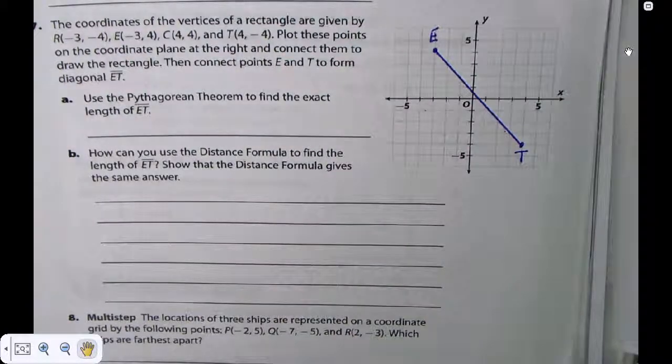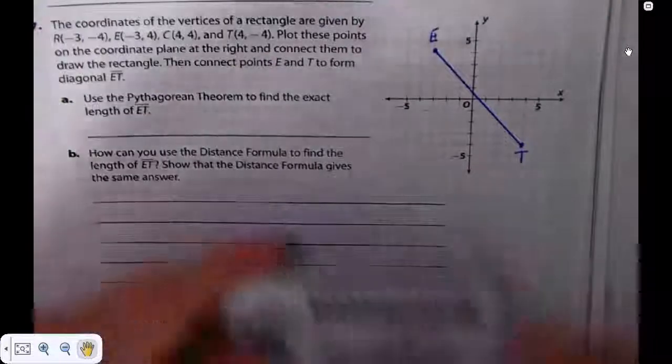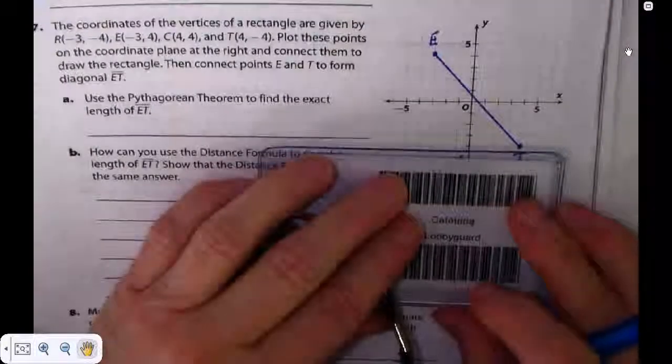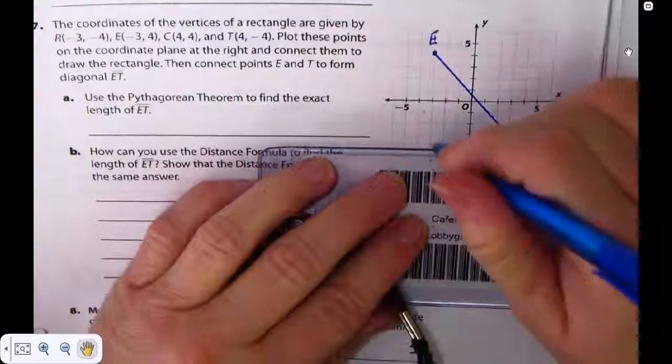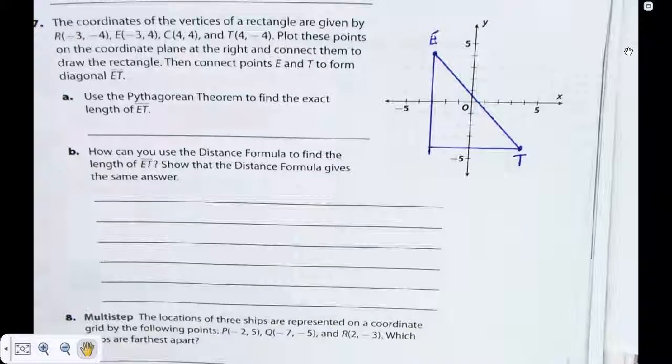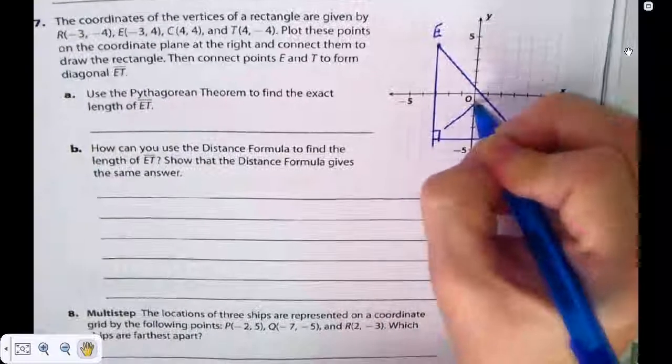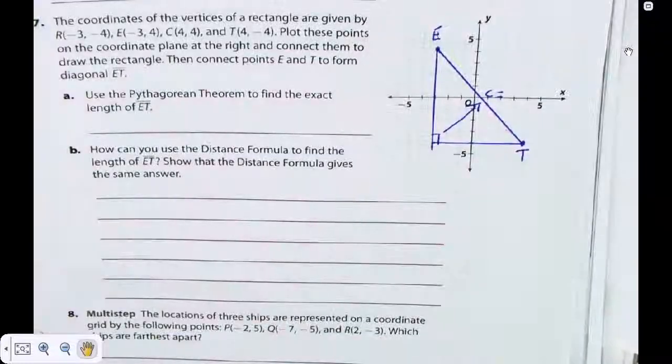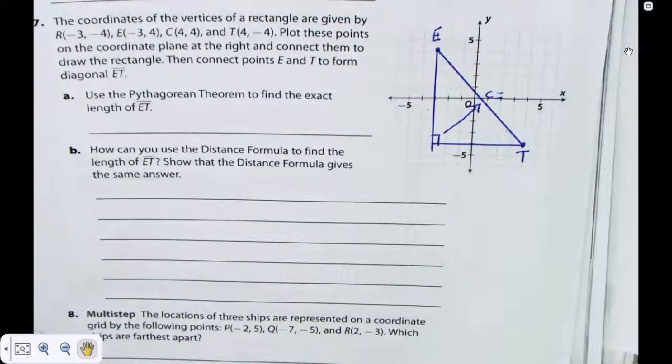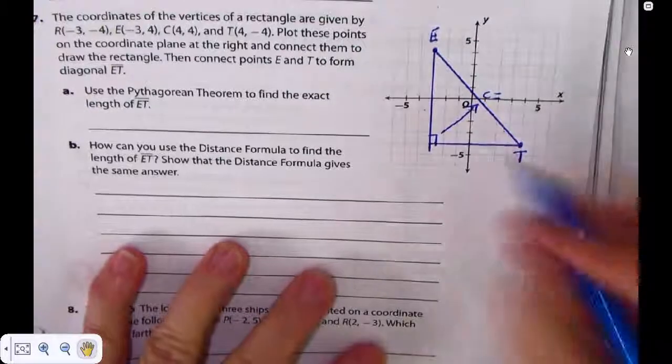You have to think, if I drew a right triangle, I tell you what, this time let's do it this way. So you have to think, if I made a right triangle over there, draw my arrow, that's going to be side C, and I can do Pythagorean Theorem. It's easy. And then on this one, all I got to do is count.